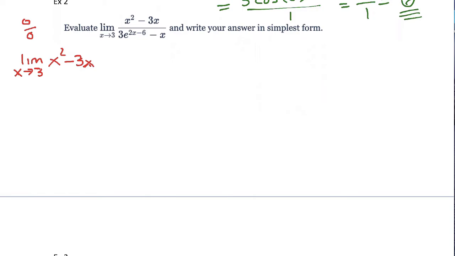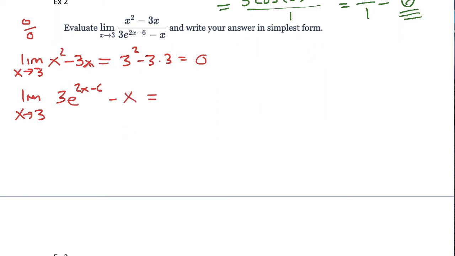So if you do this problem, you get 3 squared minus 3 times 3, which is 0. And then if you do the denominator, the limit as x goes towards 3 of 3e to the 2x minus 6 minus x, you'll get 3e to the 0 minus 3, which is 0.